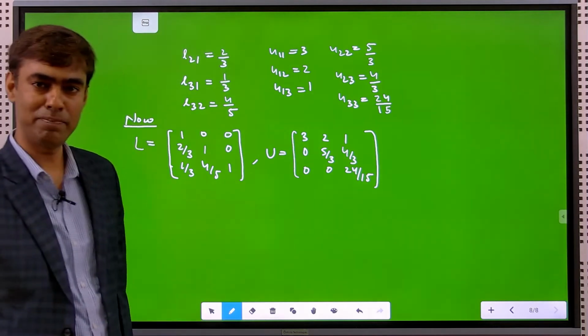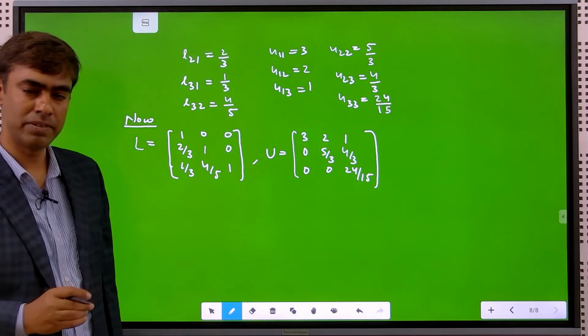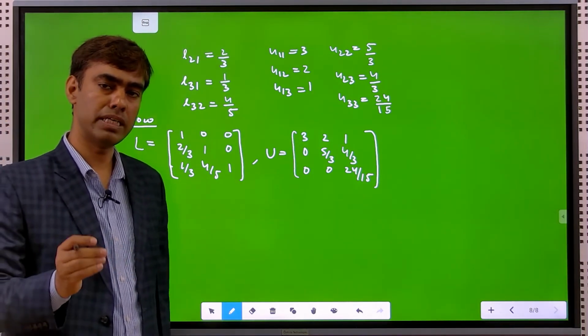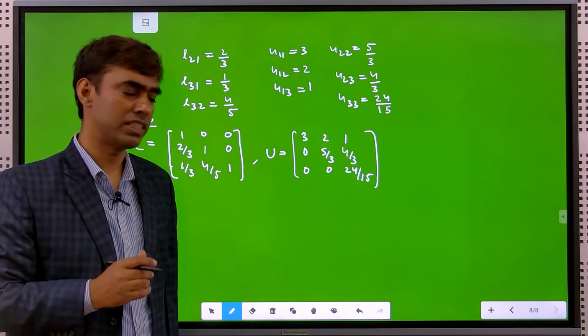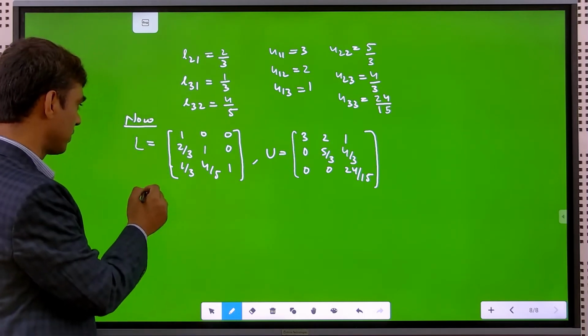Now we put the values of L and U in the matrix form of the system of linear equations.